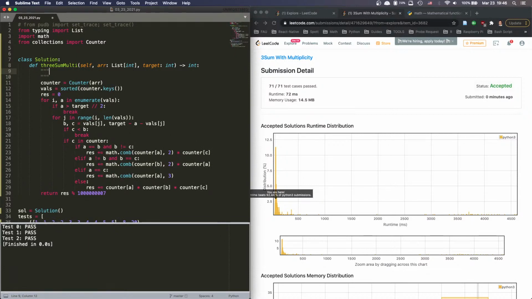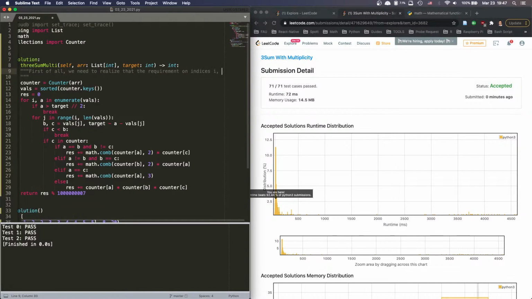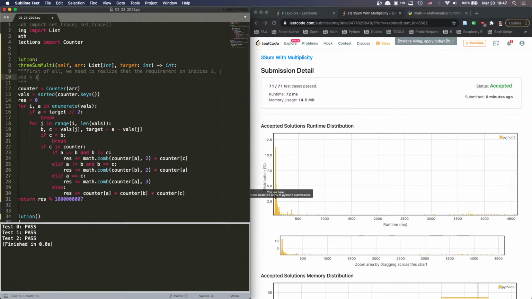All right, so the idea: first of all, we need to realize that the requirement on indices i, j, and k is just a distraction. We don't have to worry about that at all.